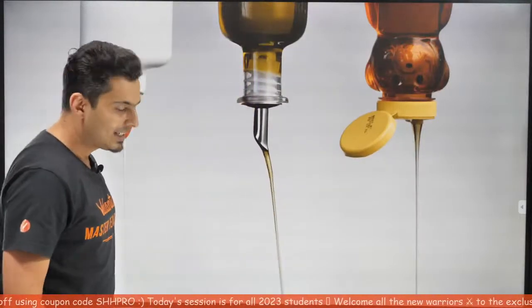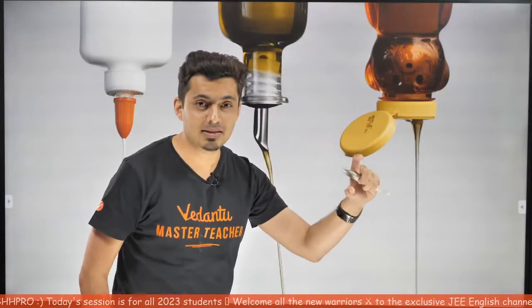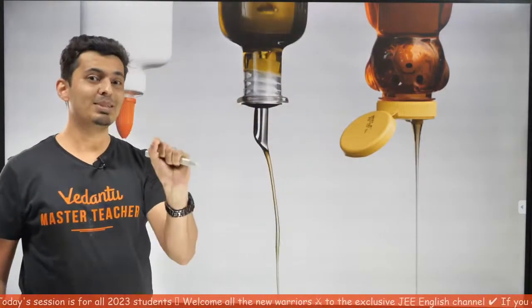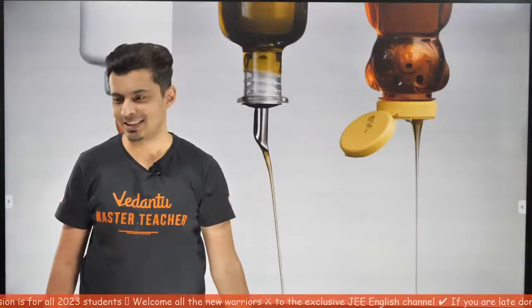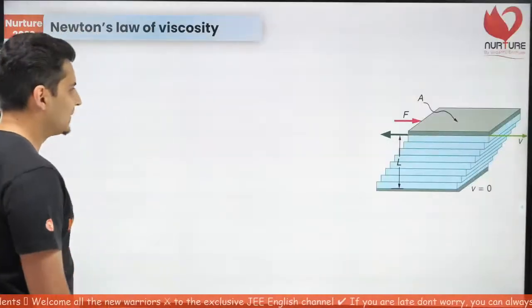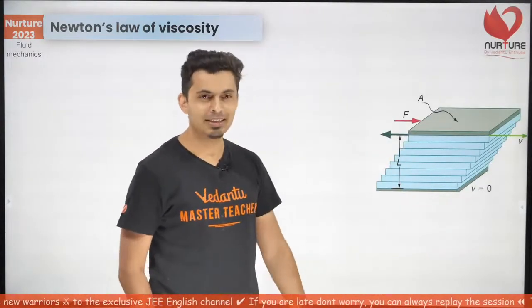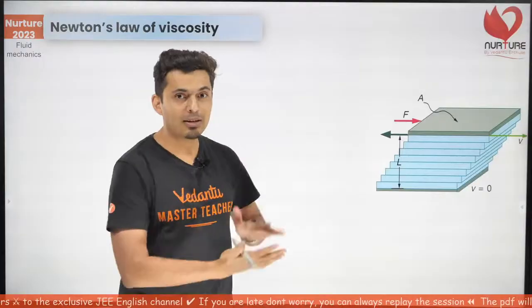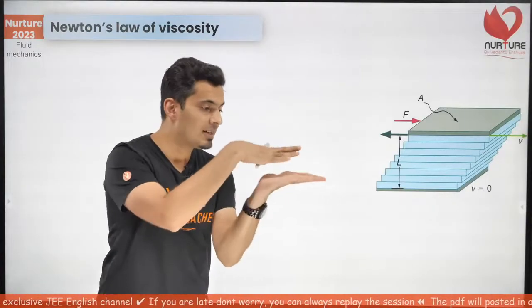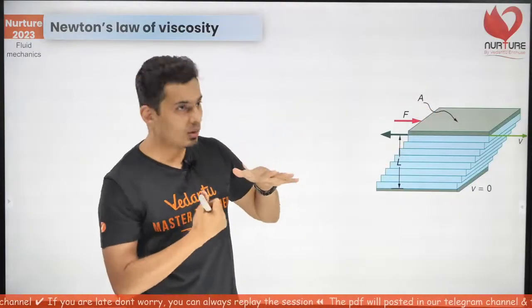All right, so let's talk about a law now which relates viscous force and will give you something called the coefficient of viscosity. So here it is. These are the layers of fluid. They are sliding with respect to each other. Each layer, when it slides with respect to the other, there will be some viscous force.